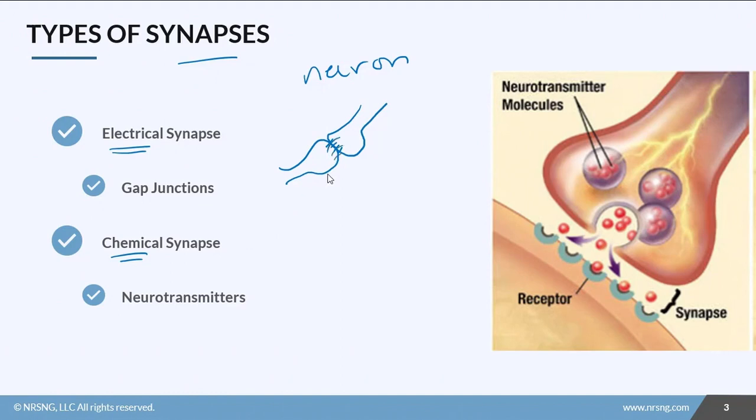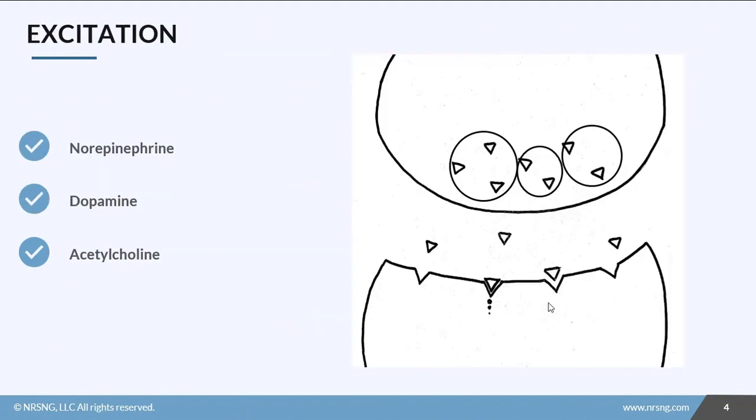On the other hand, a chemical synapse uses neurotransmitters. These are chemical messengers that are housed in vesicles in the axon terminals. When a signal arrives here, it tells these vesicles to release the neurotransmitters across the synapse to bind with a receptor, to produce whatever action they're supposed to produce.